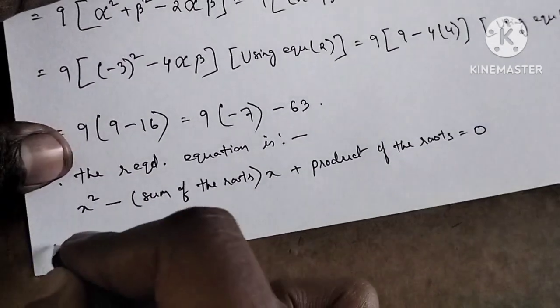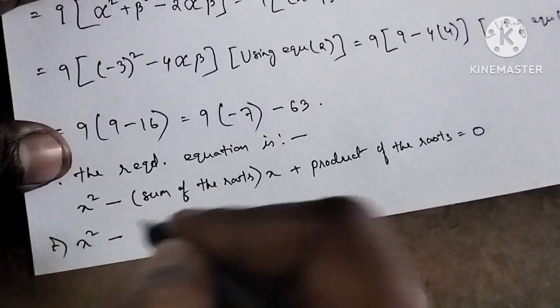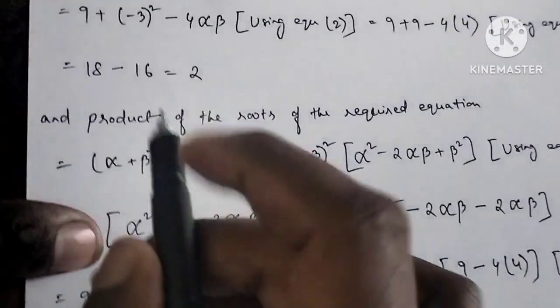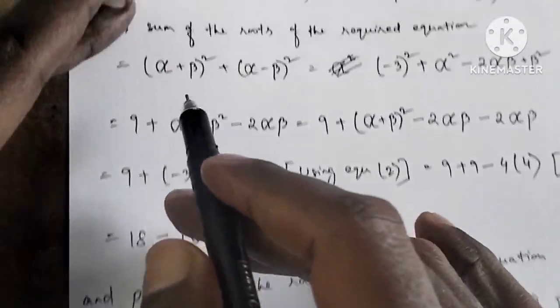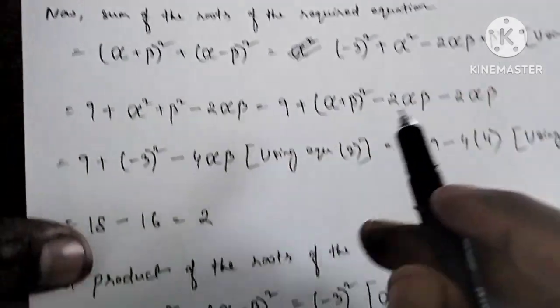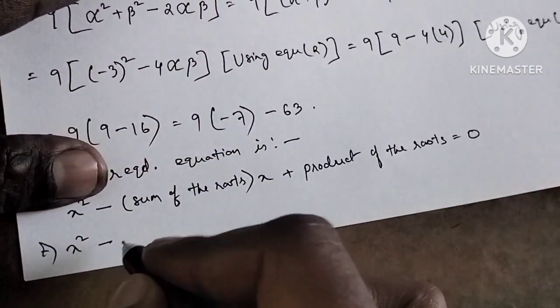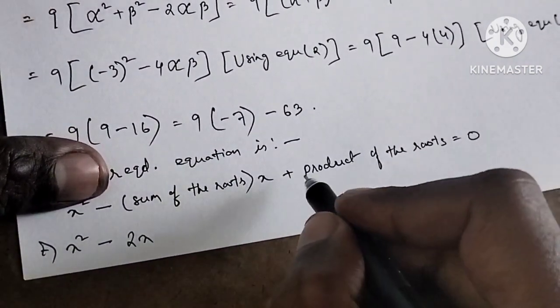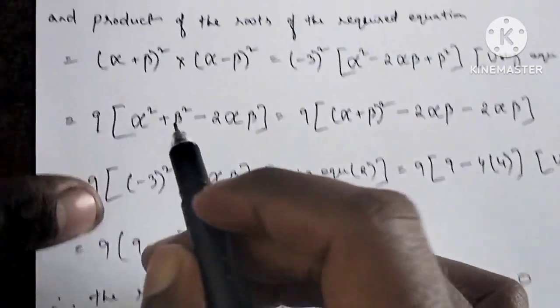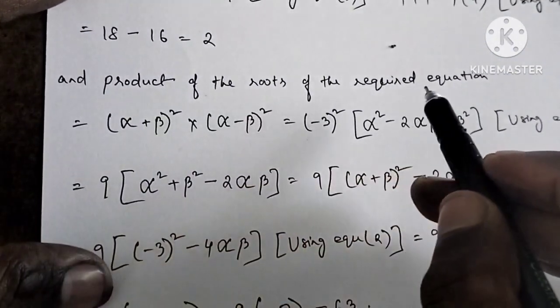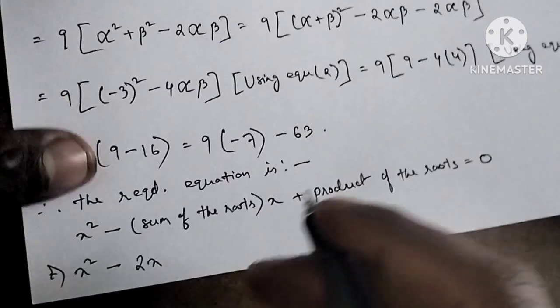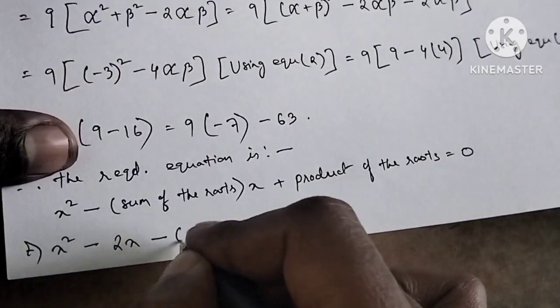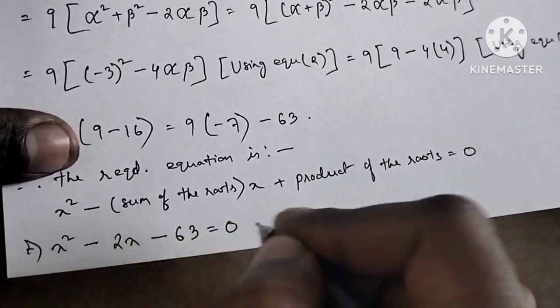The sum of the roots of the required equation we got 2, so it will be minus 2x. The product of the roots of the required equation is minus 63, so minus 63 is equal to 0.